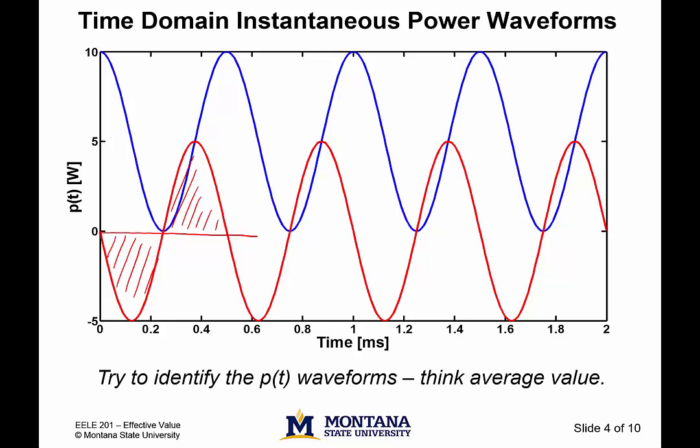Therefore, the red waveform describes an element in which there is 0 average power. The blue waveform, on the other hand, clearly describes an element that has a non-zero average power. Therefore, the blue waveform describes the resistor and the red waveform the inductor. On the next slide, we'll see how this relates to effective value.